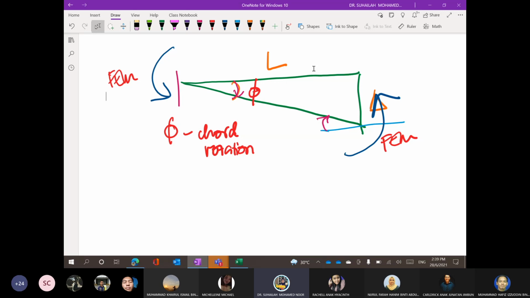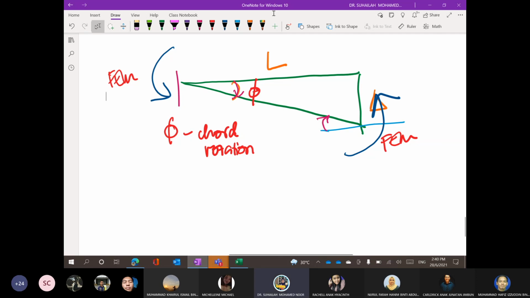In this case, whenever the beam moves from its original position to the new position, it rotates clockwise, and the fixed end moment will react opposite to this angle, this chord rotation. So we can conclude that between the angle and the fixed end moment, it must be opposite.